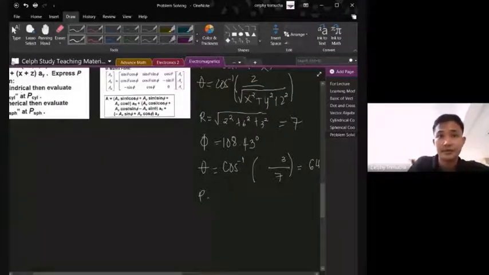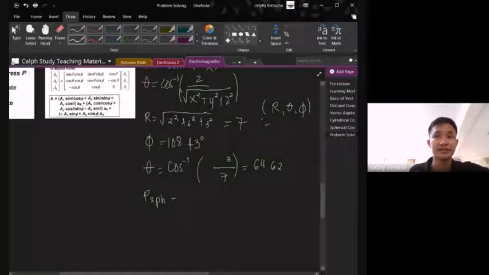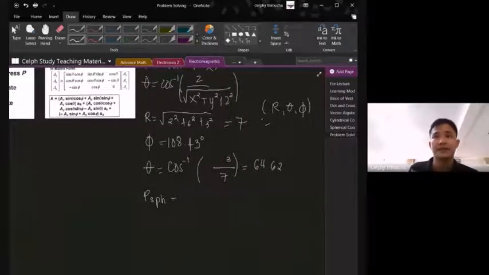Okay, so ang P spherical is equal to, paano i-plot ang mga P nga spherical? So, dapat ang pag-arrange is R, theta, phi.